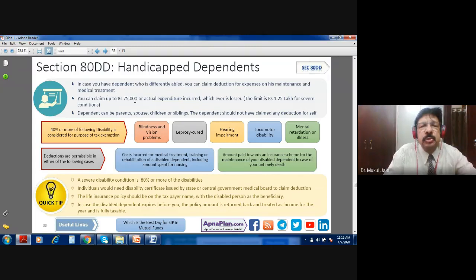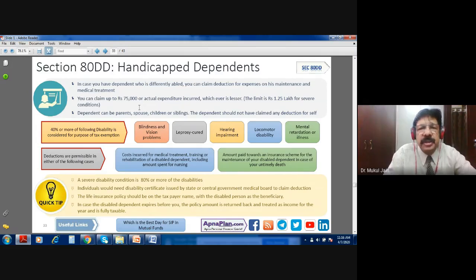You can claim up to 75,000 or actual expenditure incurred, whichever is less. The limit is 1.25 lakh for severe conditions. Okay, अच्छा, ये हमारा 18-19 के लिए था.